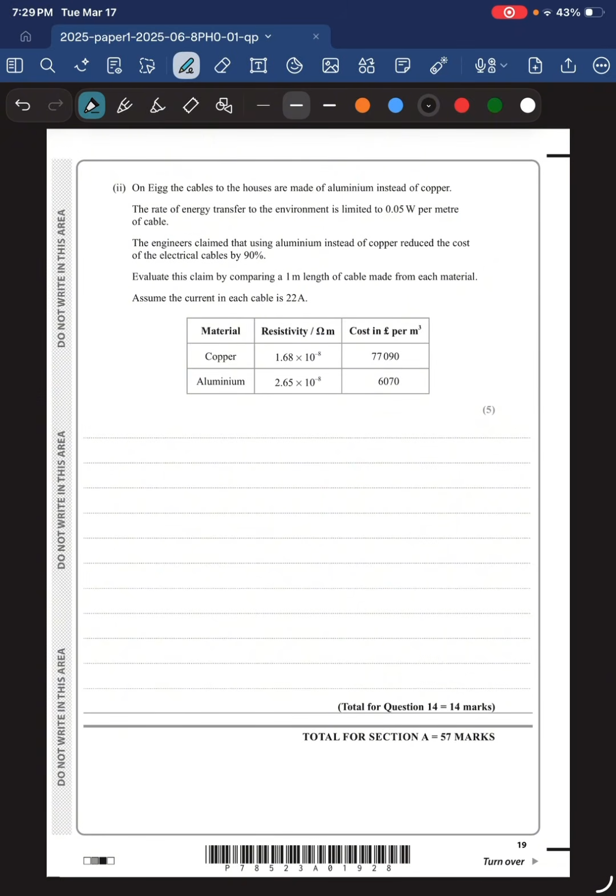So let's think about this. The power is equal to I squared times the resistance, right? And the resistance of a cable is given by the resistivity times the length over the cross-sectional area.